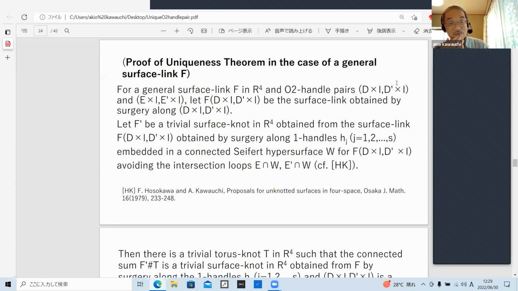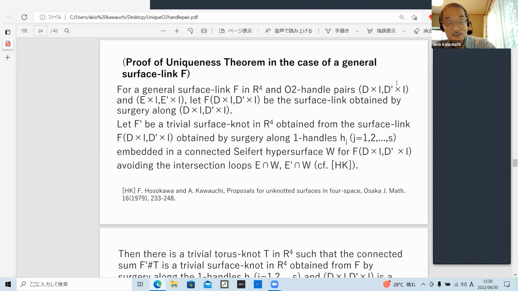And E dash intersects it as a group. There is no intersection of the boundary, because the boundary is the D cross I, D dash cross I surgery. So no intersection of this one.